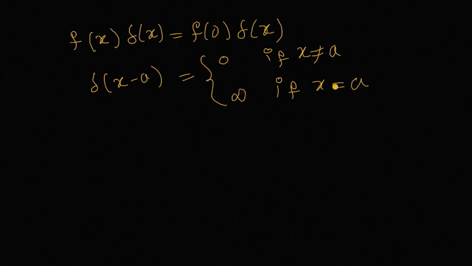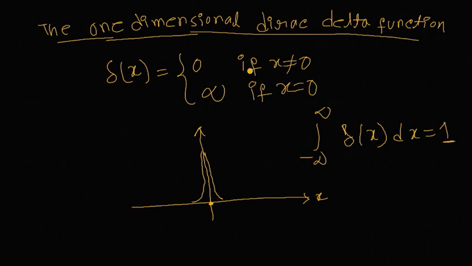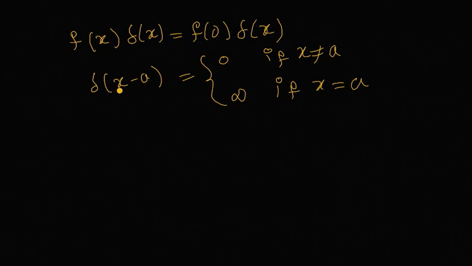Now this comes from the previous formula, that is del of x. If we put the value x minus a in the place of x here, we can see that del will be 0 when x minus a is not equal to 0. That means we can write it as x not equal to a. So from this the formula is made.